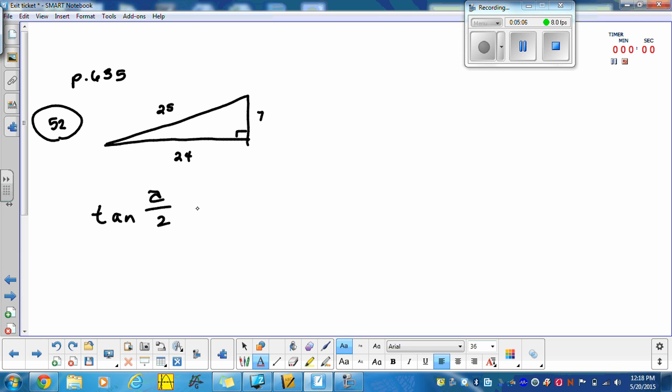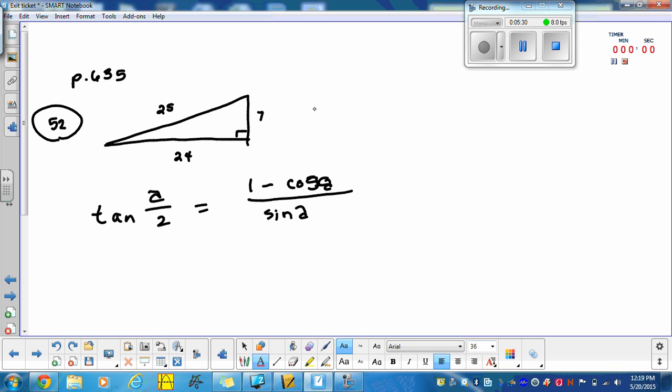Now, just like with cosine in the double angle formulas, the half angle formulas have 3 choices. I happen to like the one in the middle, so we're going to do this one today. You can choose another one if you'd like, the cosine of alpha over the sine of alpha.